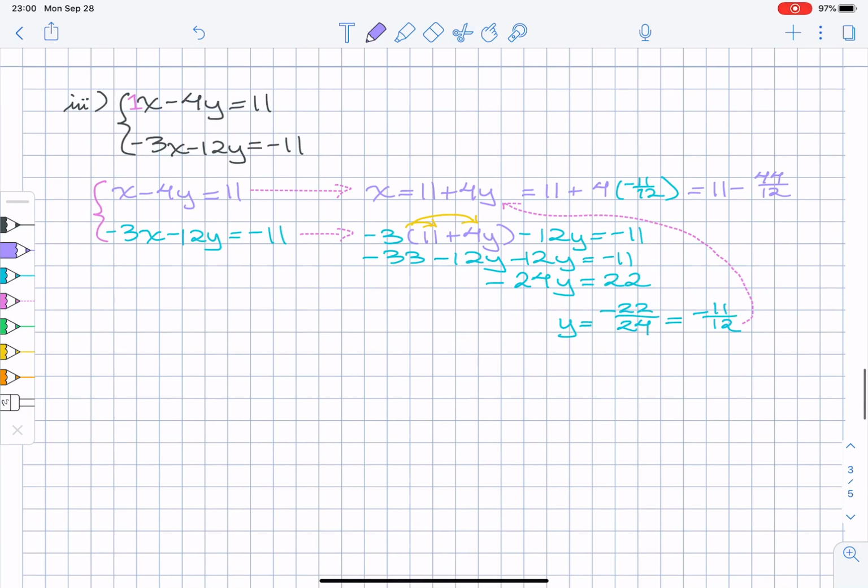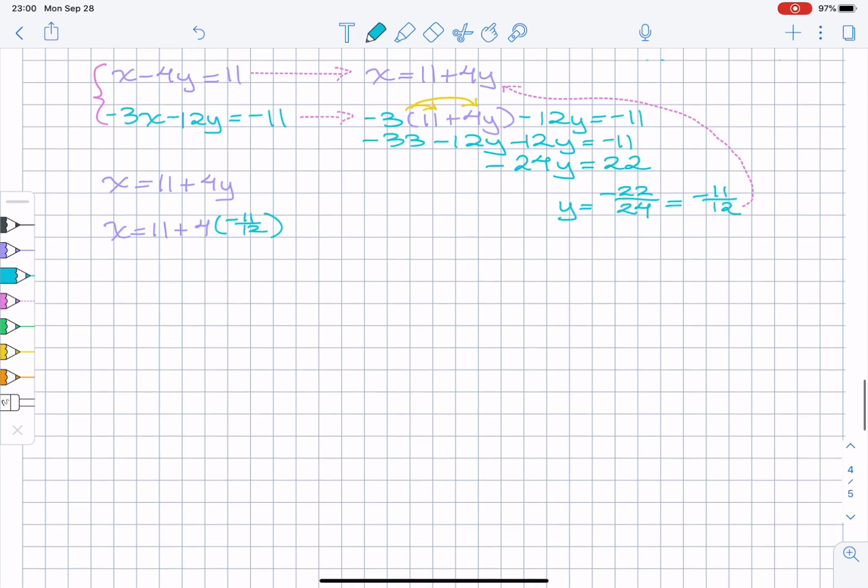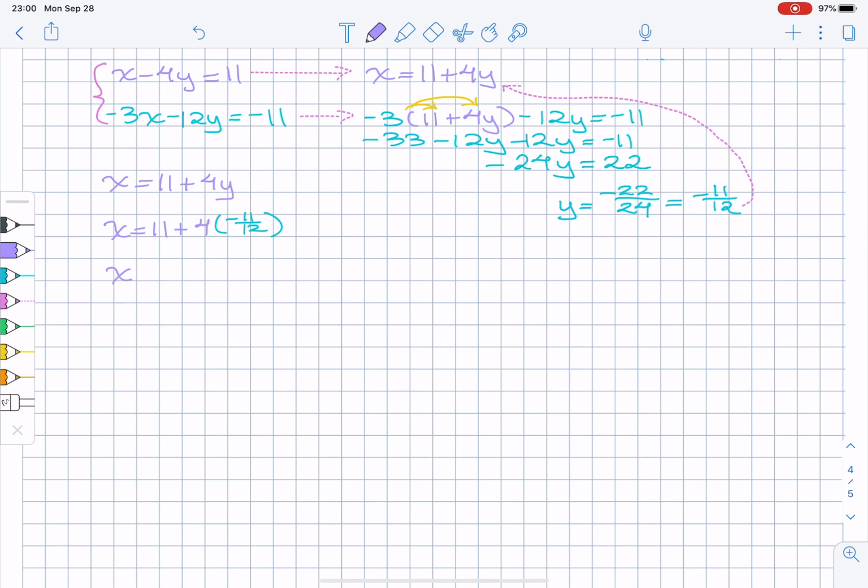I don't like that. Let me move this down here. So let's go over here. x was 11 plus 4y. So we get x is equal to 11 plus 4 times negative 11 over 12. So x is going to be 11 minus 44 over 12.